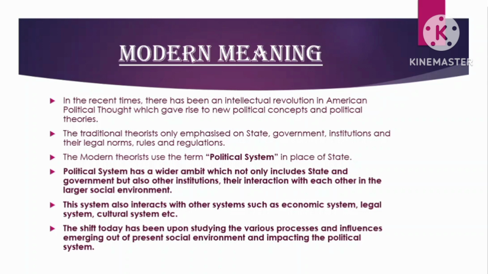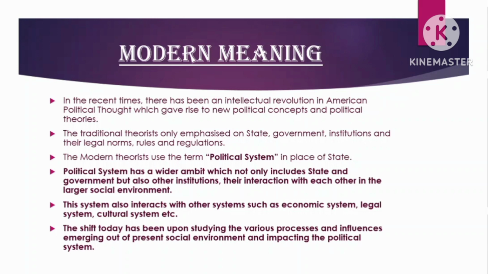In recent times, after certain revolutions in different spheres of the world, we now have different political thought from each part of the world. According to this, American political thought gave rise to new concepts and new political theories. What was the difference in these political theories and concepts from the earlier ones?